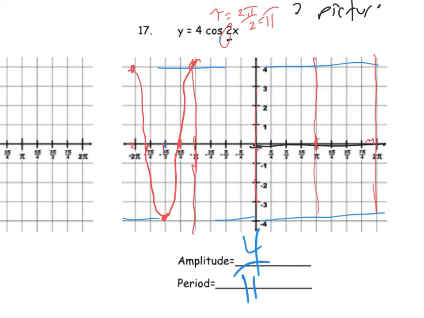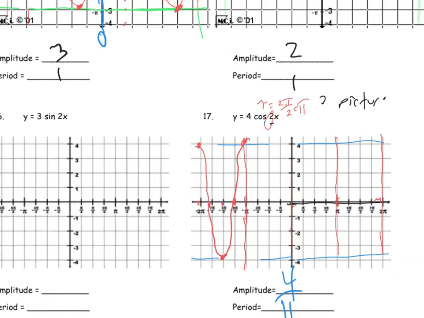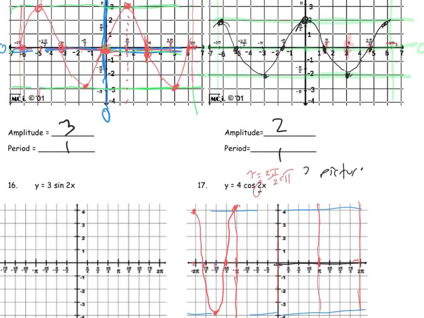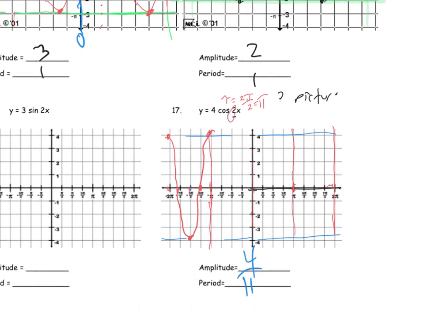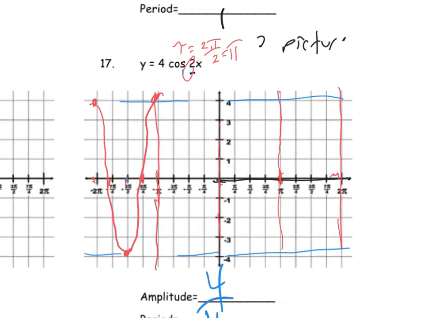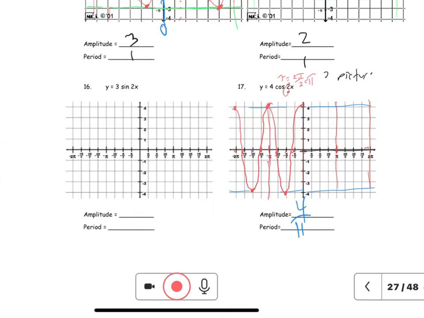Why is it skinnier? Because in the top up here, I had the whole 2 pi for one picture. Now I only have 1 pi. All right, same thing. It's going to go down to here, down to here, back up. So it's very skinny if you don't change the stretching of it. You finish it, all right?